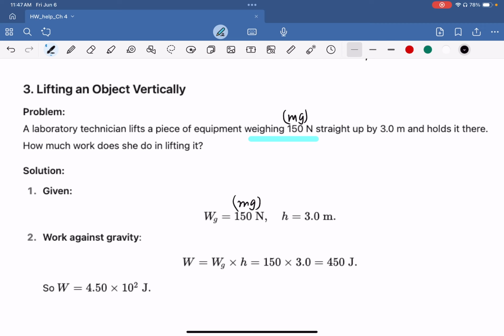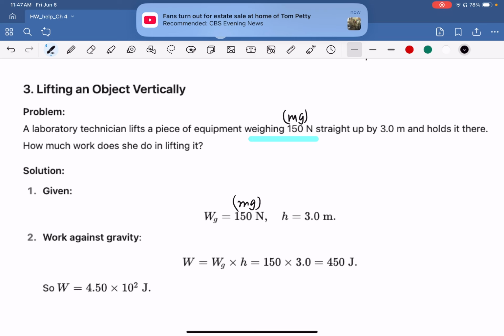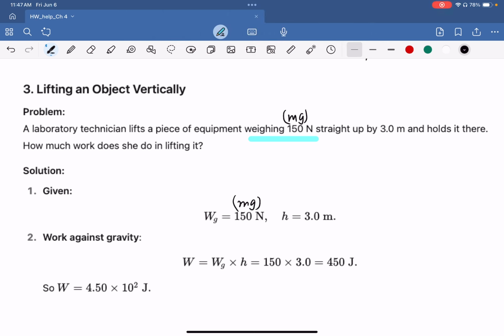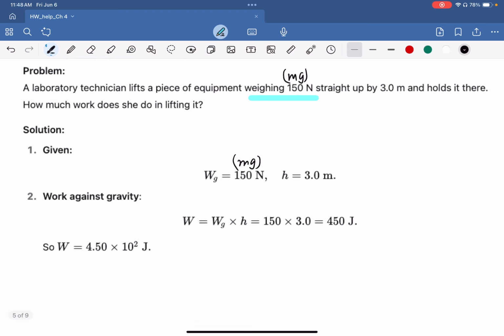So all we're doing is mg times h. Another way this question could have been asked is, what is the increase in potential energy of the equipment? I hope you know the answer. Whatever the work is, it's the same as the increase in potential energy. So keep that in mind.